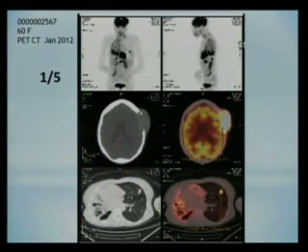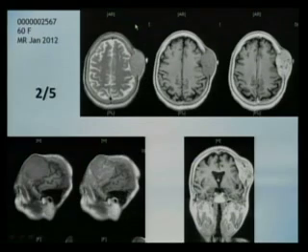This patient had a skull lesion, and as you can see, there is a very large degree of uptake on this PET CT scan. This is what it looked like initially. This was in January of 12.